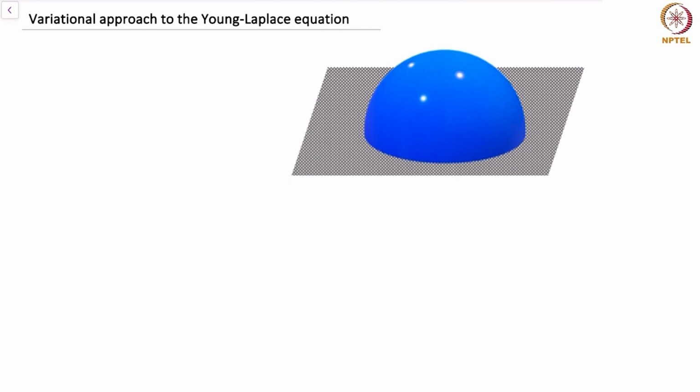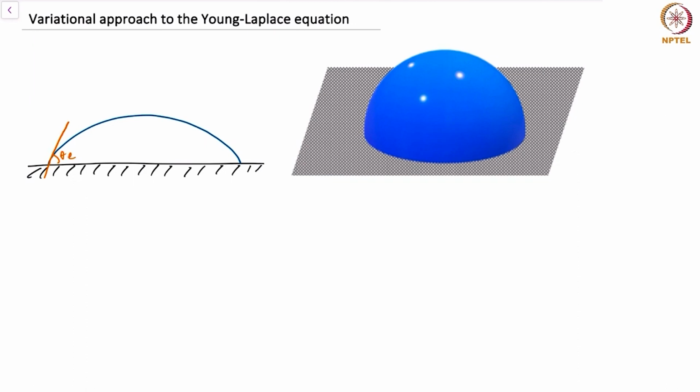So let us proceed by looking at a schematic view of the droplet. I have a three-dimensional view of the droplet on the surface, and a two-dimensional view of the same thing can also be shown here. Of course, these figures are not to scale. Now, we have an angle here at the wall.